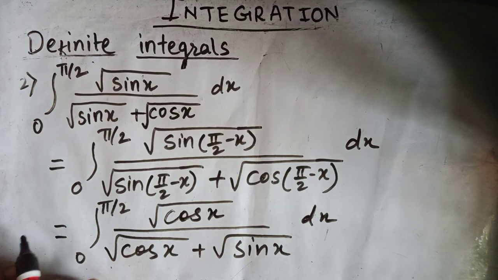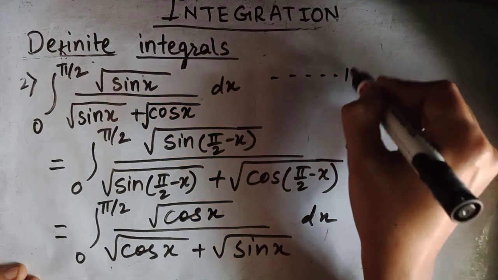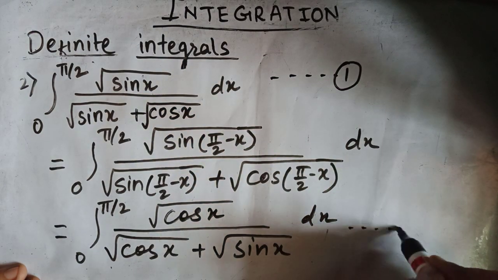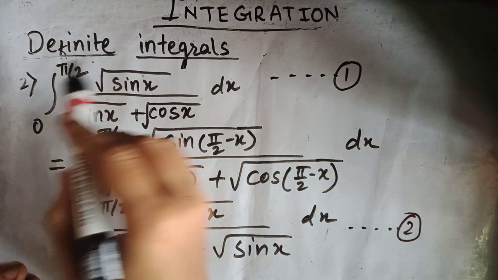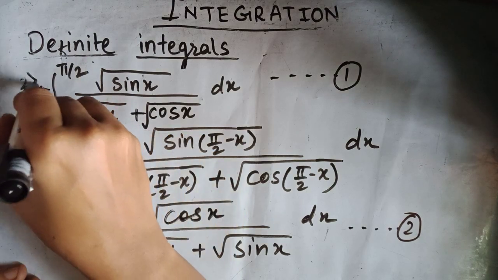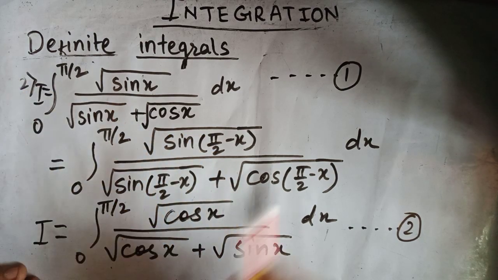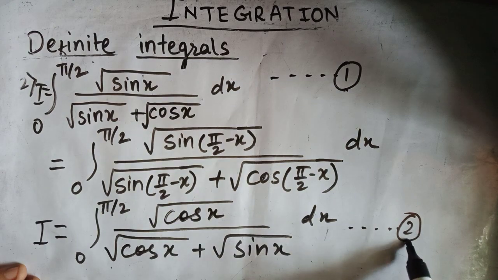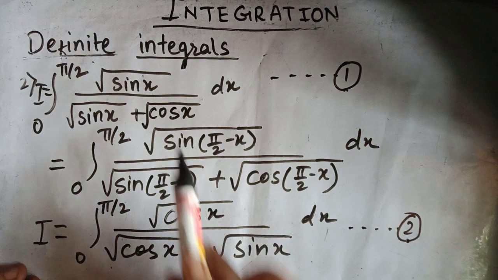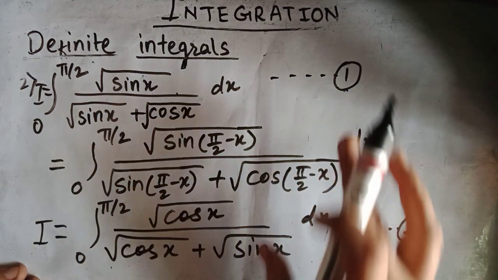Now this is your integral. This you take as 1 and this you take as 2. Both are the same, right? This is your I and this is also your I. So adding 1 and 2, I am adding this term to this term. What will I get?